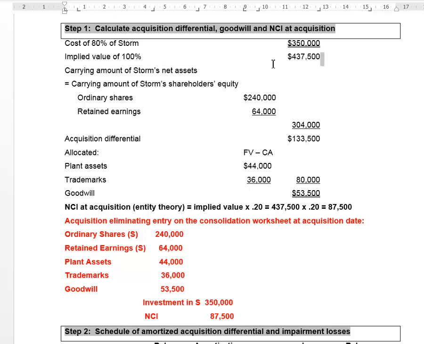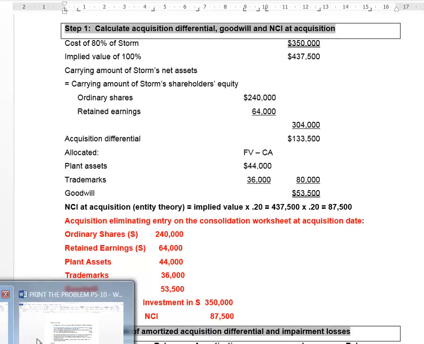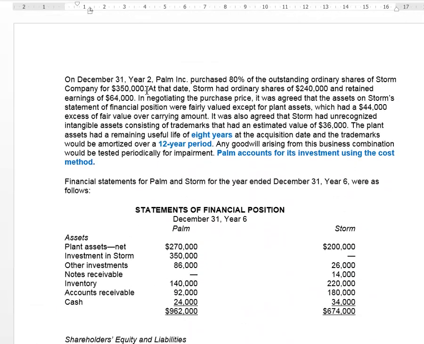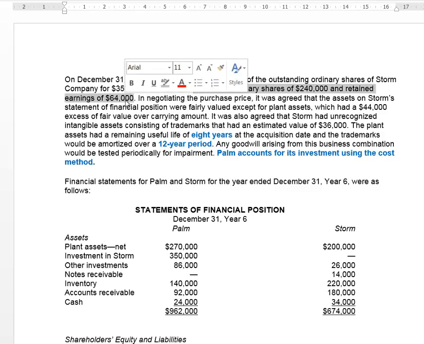So what did they get to get that control? Well, they got the common or ordinary shares and retained earnings of the sub at the date the two companies became related. And you can get this information right from the question. At the date they became related, which is December 31st, year 2, Storm had ordinary shares of 240,000 and retained earnings of 64,000.